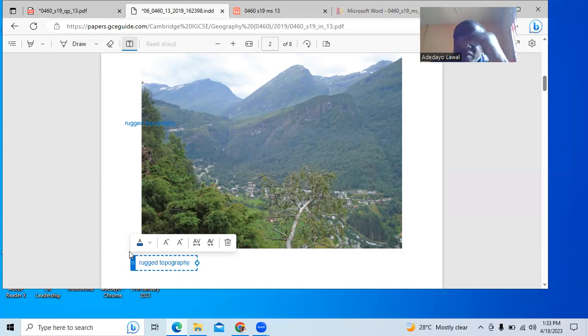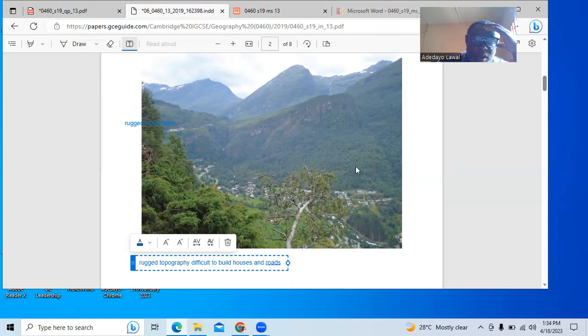Topography means the shape of the land, the shape of the landform, and the height as well. So rugged topography: difficult to build houses and roads. Just imagine all this area, people can't live there. If people are living there, very few people can live there.